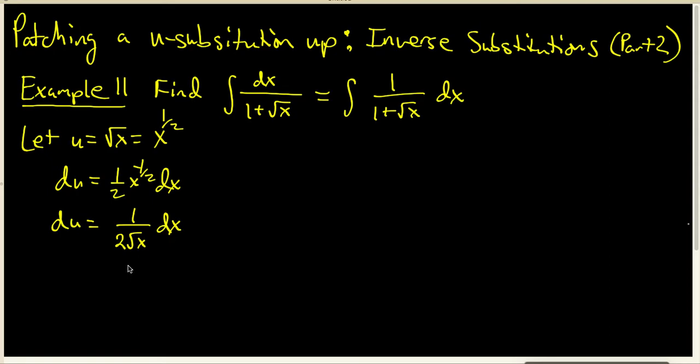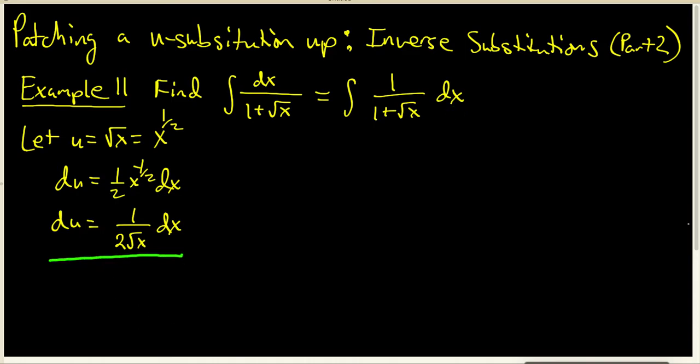Now, what I want to do is realize the following things. I can certainly put in u for the square root of x right there inside my integral. But I want to see what I should substitute for the dx, and I'm going to base that on this particular equation.